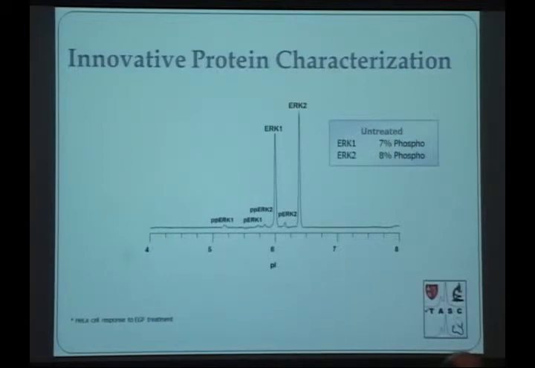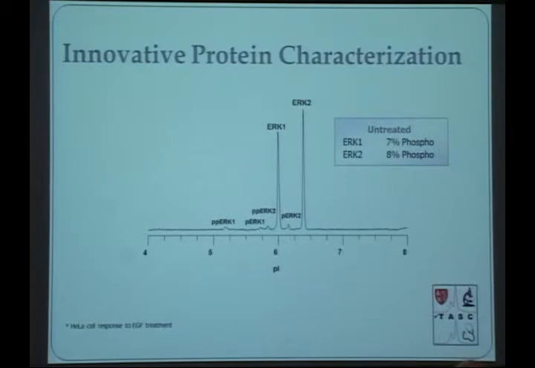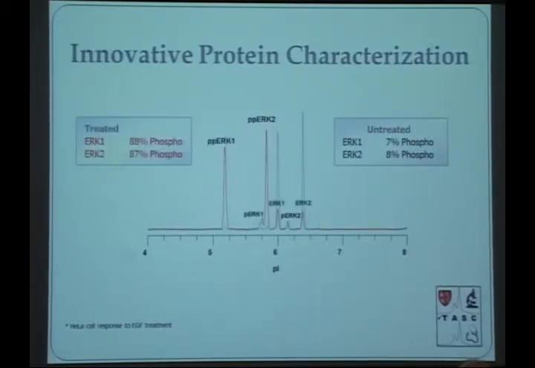But let's say now that you are trying to treat the cells with a certain activator, or that you are looking at patient samples from cancer patients, and you can, with one antibody, see phosphorylation peaks.